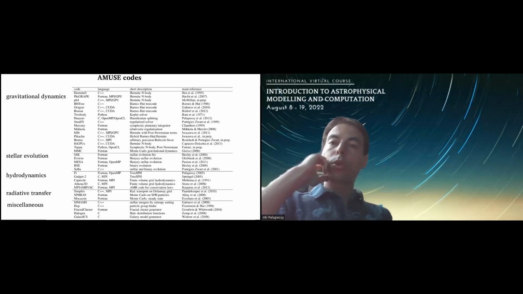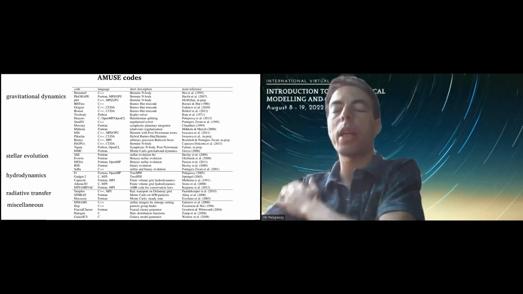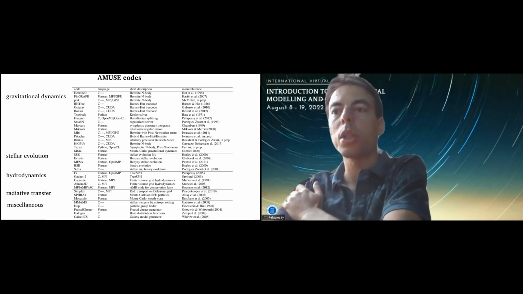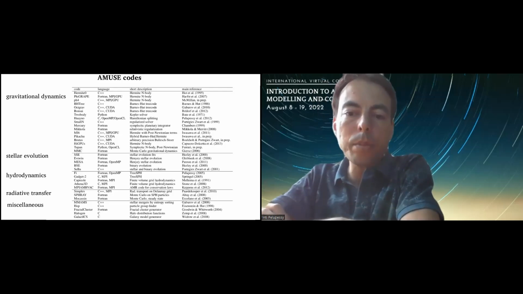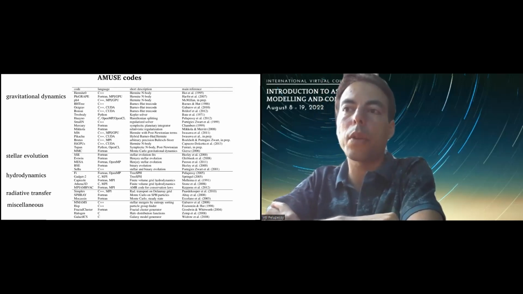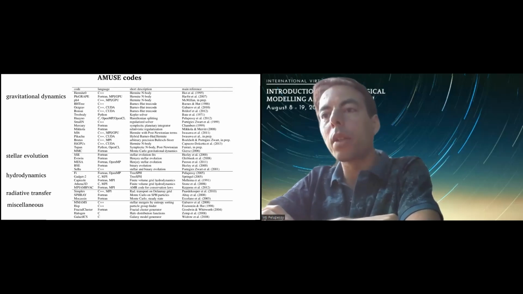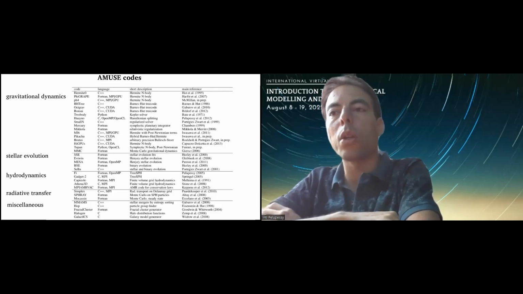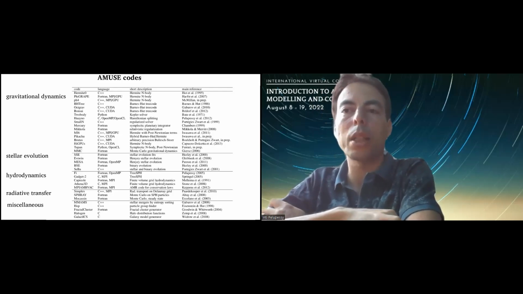But it also allows you to validate and cross-check the results that you have between different codes. And really that's very important, because what you want to do when you do numerical astrophysics is you want to have reproducible results. And if you don't have reproducible results, or you need to do a lot of work, for example, to check the results with another code, then this will not happen.